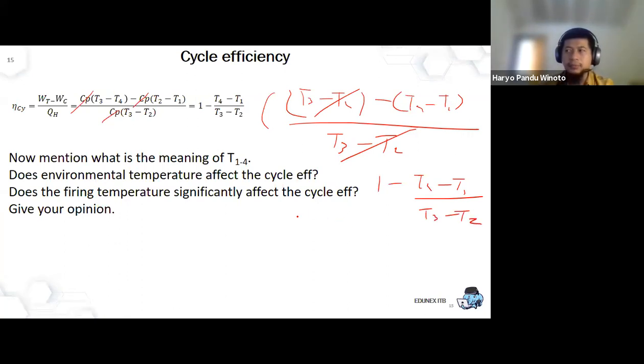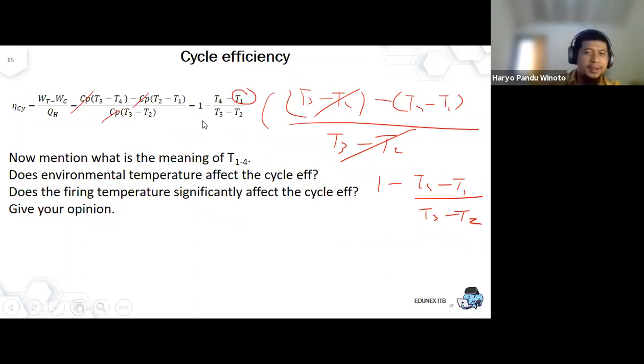So can you mention what is T1? T1 is just the inlet air temperature. What is T4?